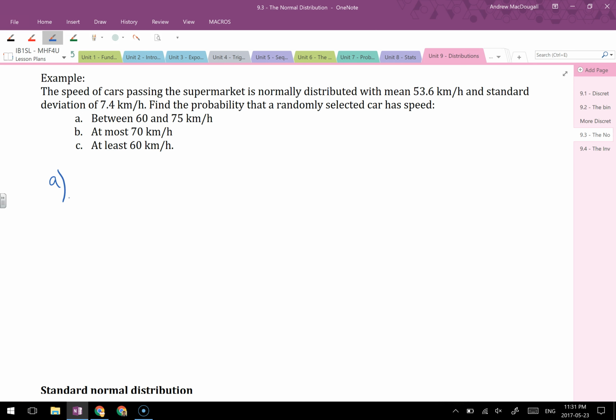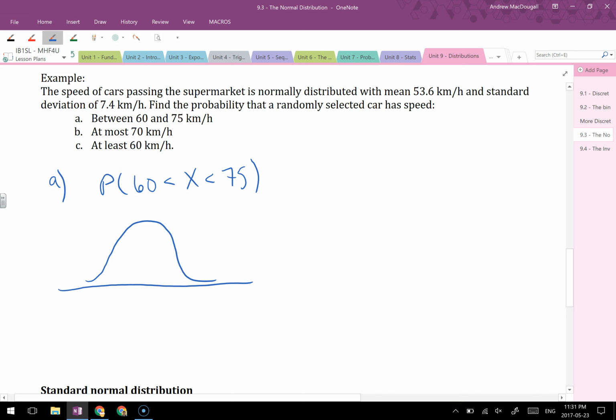So for part A, they say, if I pick a random car, what is the probability the car is going between 60 and 75 kilometers per hour? So I want to calculate this value, and always draw the picture of the normal distribution. My average is here, 53.6.